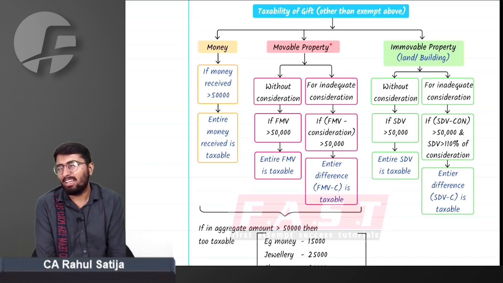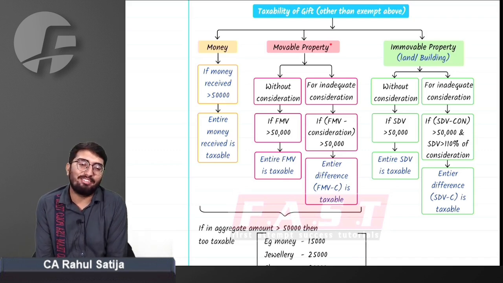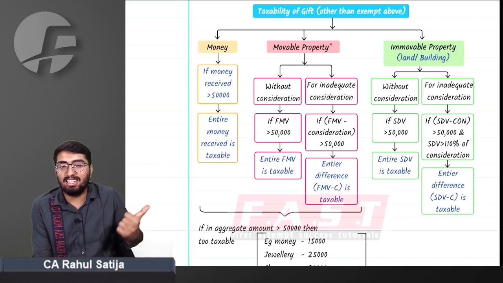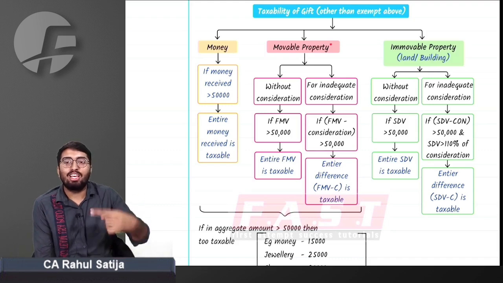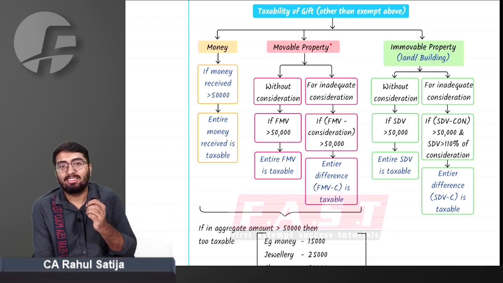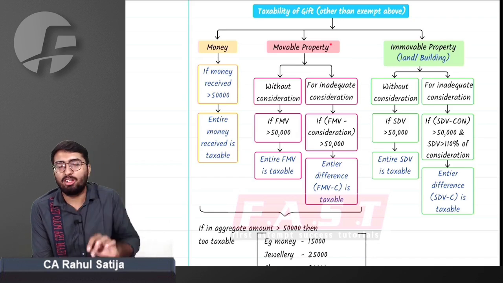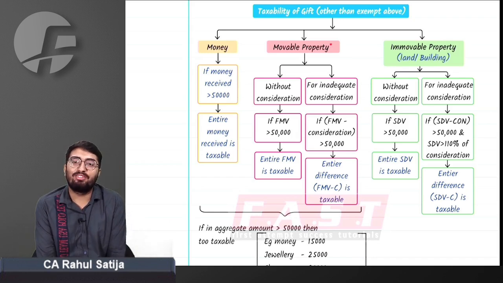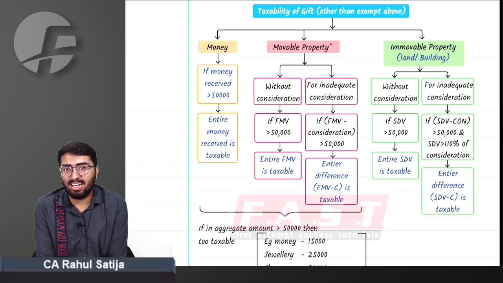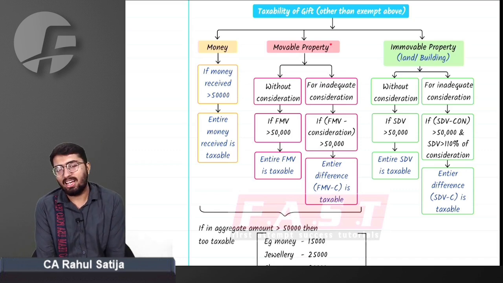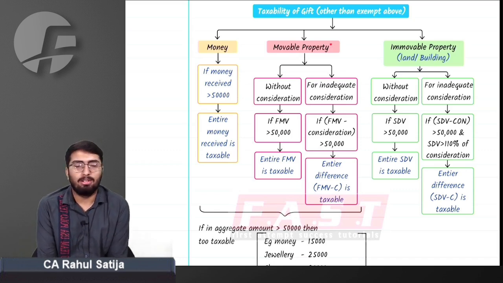Therefore, if you want to gift anything of any value, you can gift to your beloved ones. But just consider these 10 things. If you are gifting these 10 things, you have to consider whether you exceed the limit of 50,000 or not. If you exceed the limit of 50,000, it will be taxable in their hands under the head gift under the other sources table. Got this point or not?